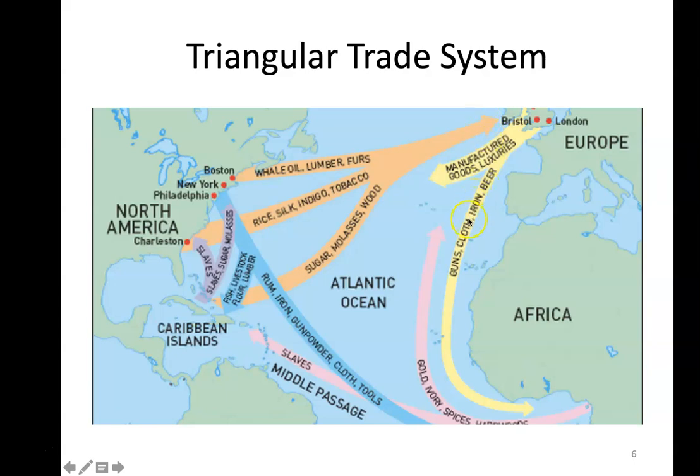All right, so the first leg involves trade in particular commodities deemed desirable by African slave traders. And we noted in the beginning that there were African slave traders themselves selling other Africans to the English, in this triangular trade system.